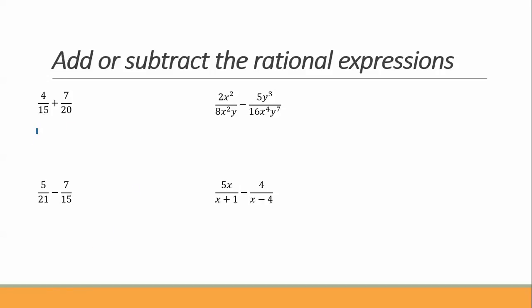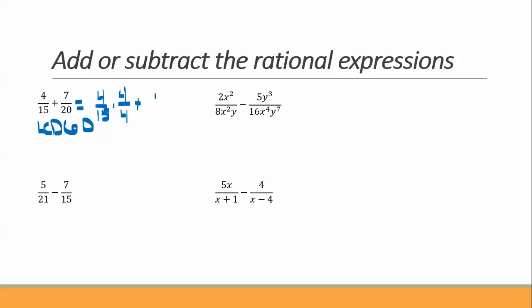So, we're going to add and subtract our rational expressions from all of these. Our least common multiple, or our least common denominator, for 15 and 20 was 60. If you look back on that chart that we found, most of these are on there. So we need to multiply by what's missing. So 4 over 15, 15 times 4 is 60, so we need to multiply by 4 over 4.